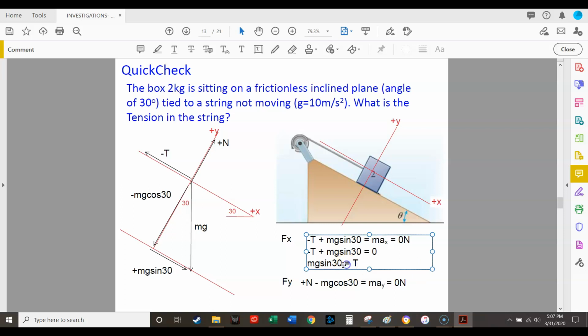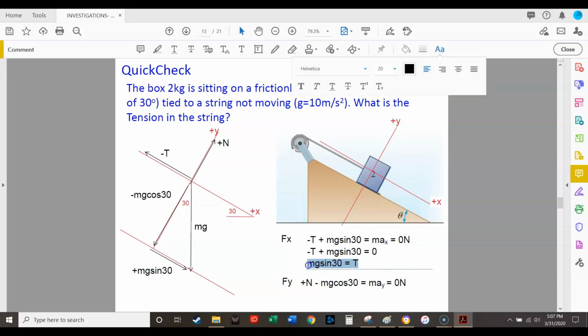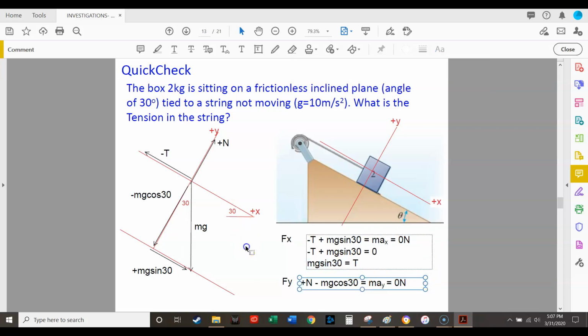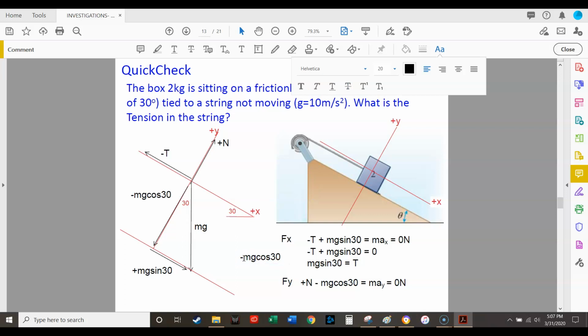And so now we have a comparison of tension to mg sine of 30 degrees. Tension is equal to mg sine of 30 degrees.